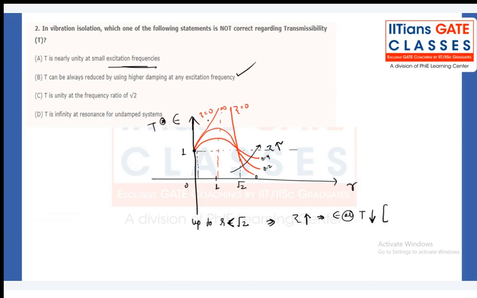When zeta is increasing, because in this direction zeta is increasing, then definitely transmissibility will decrease. But whenever you are working in this zone, it is not true. They have to specify the zone, whether it is less than root 2 or more than root 2, but they have not specified. They are generalizing the statement. That is not correct.